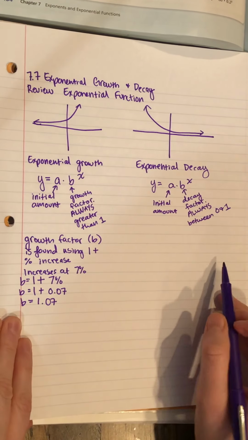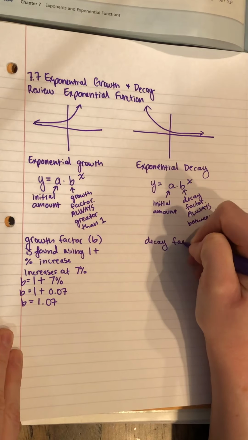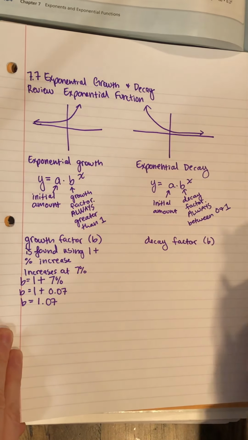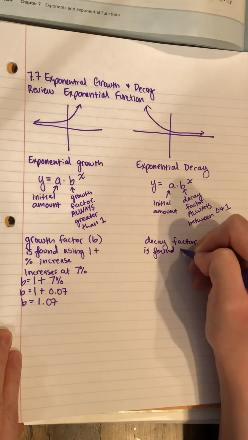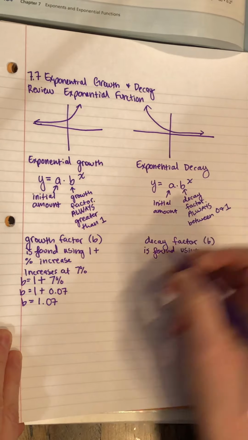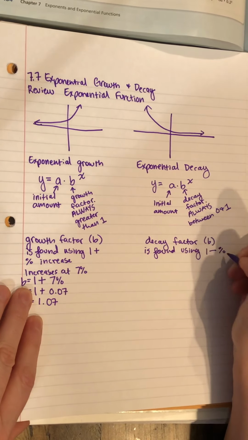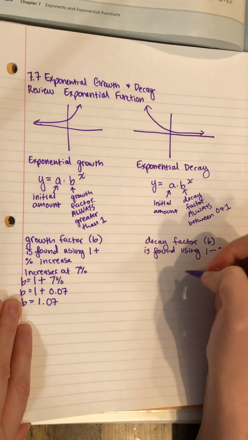Okay, over here, the decay factor, which we call b, once again, is found using something very similar, but we're doing 1 minus the percent decrease.